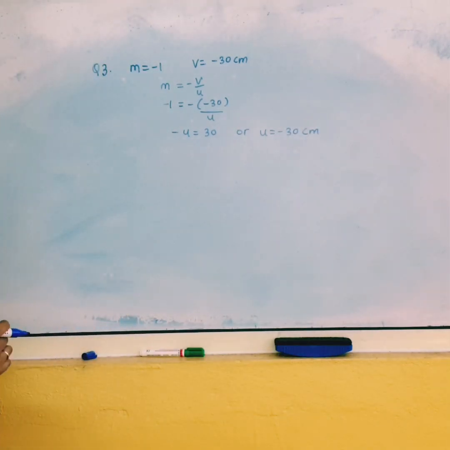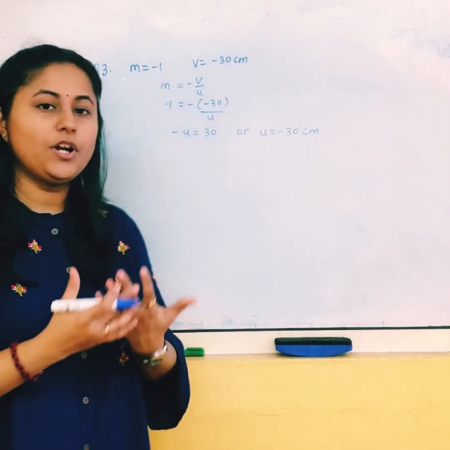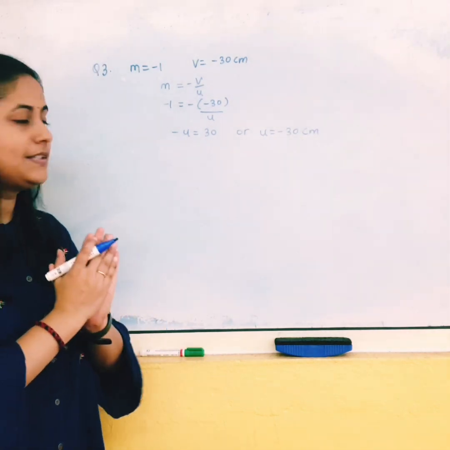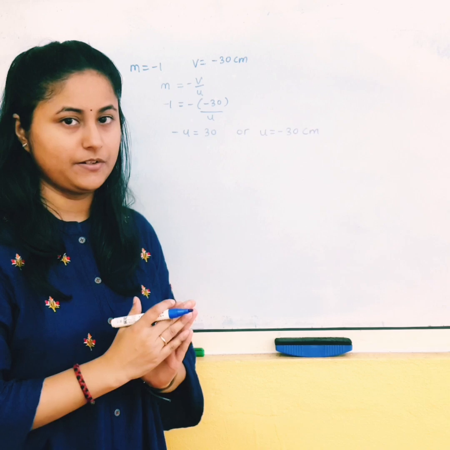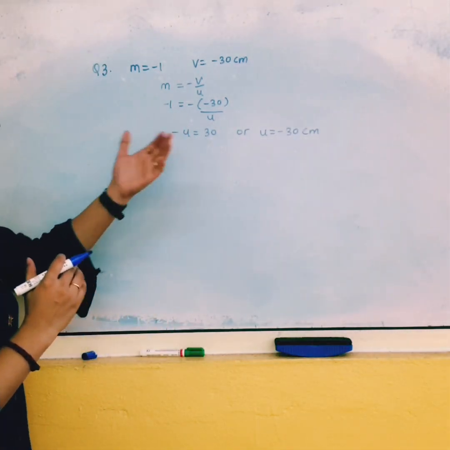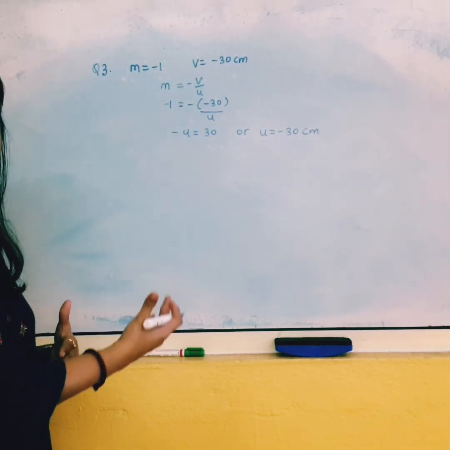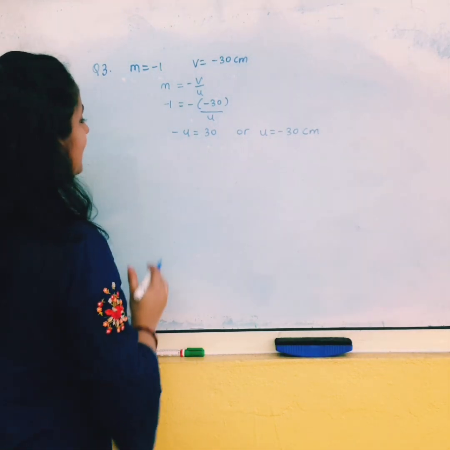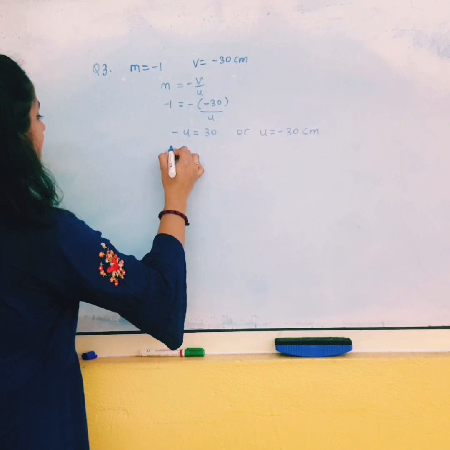So u, which is object distance, is -30 centimeter. Now see, next you are given that the object is moved 20 centimeter towards the mirror, right? So you are not given the object distance in the next case. So to find that, what you can do is first find the focal length, okay, using the mirror formula.